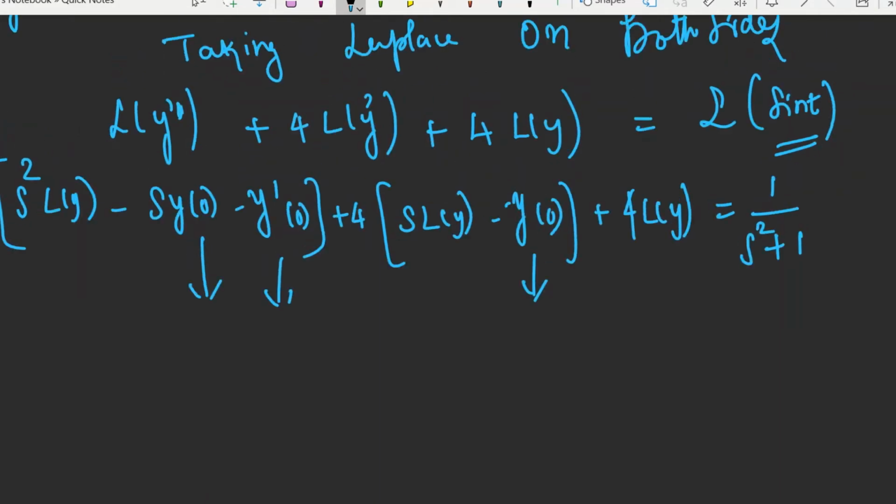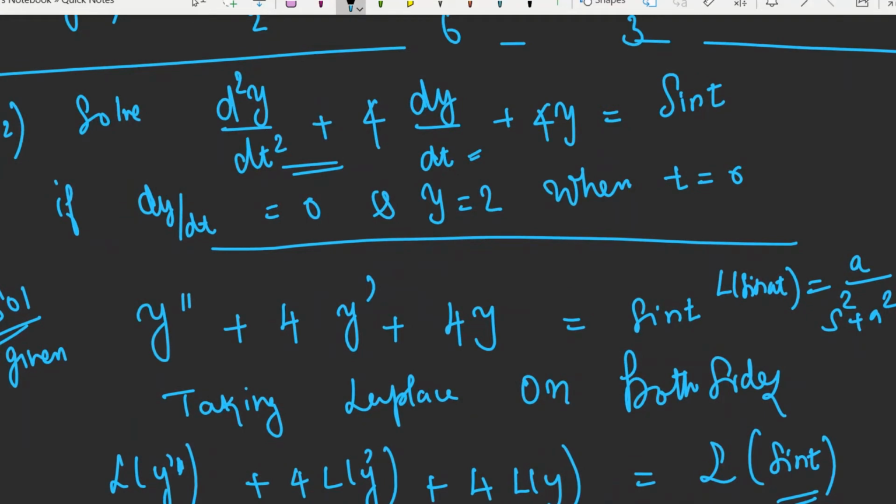Now we have to substitute the initial values. In this question itself we are given the initial values. What are the initial values given in the question? dy by dt equals 0, y equals 2 when t equals 0.